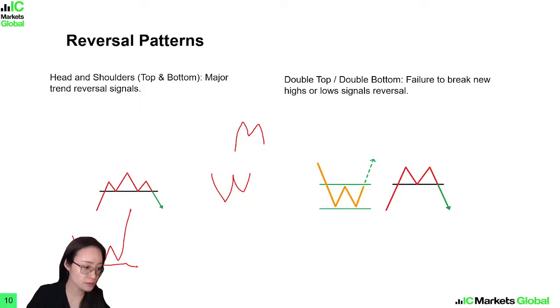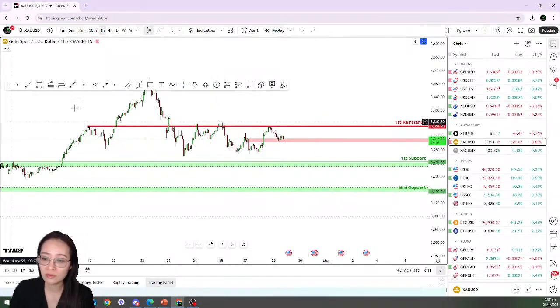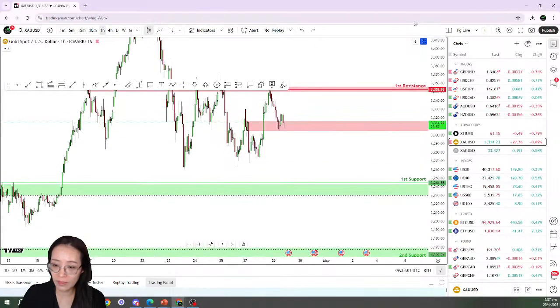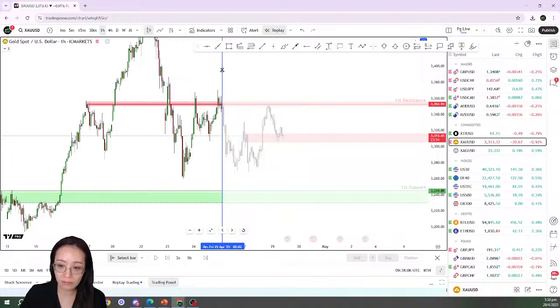I think this pattern I can show on the chart, which is this one. Okay, here. If we look here for the double top, do you see the double top over here at the resistance level?